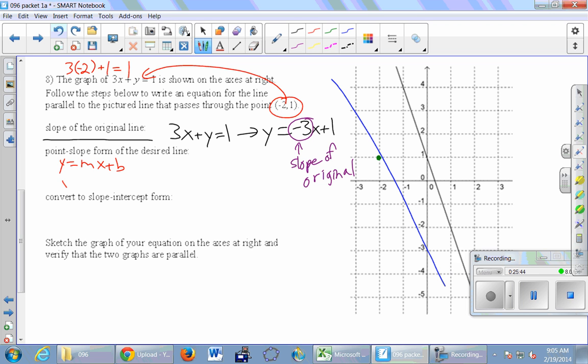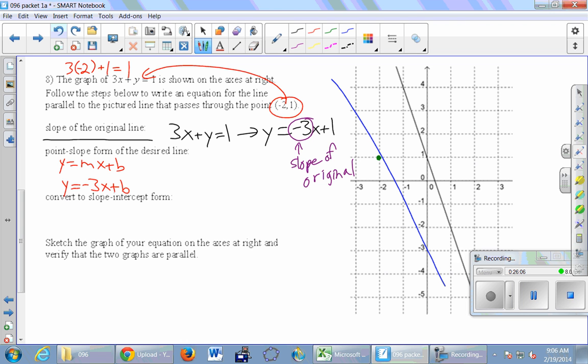It's -3. So I'm just going to rewrite the m and call it -3. And getting that -3 is really all the black line was good for. I don't care about any other property of that black line other than the slope, the -3.